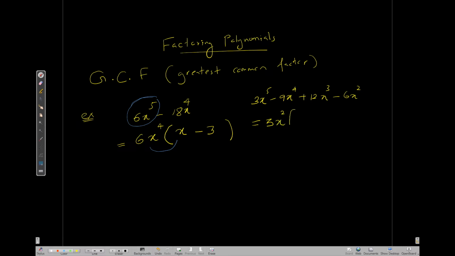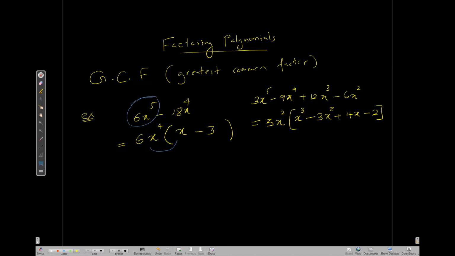When I pull x squared out, how many x's do I need to make the first term? x cubed, right? Minus, and for 9, I need 3 x to the 2, or x squared, and plus, to make 12 with 3 I need 4, and x cubed, and I have already x squared, so I need x, minus 2, and that's it. That's how you use greatest common factor to factor polynomials.